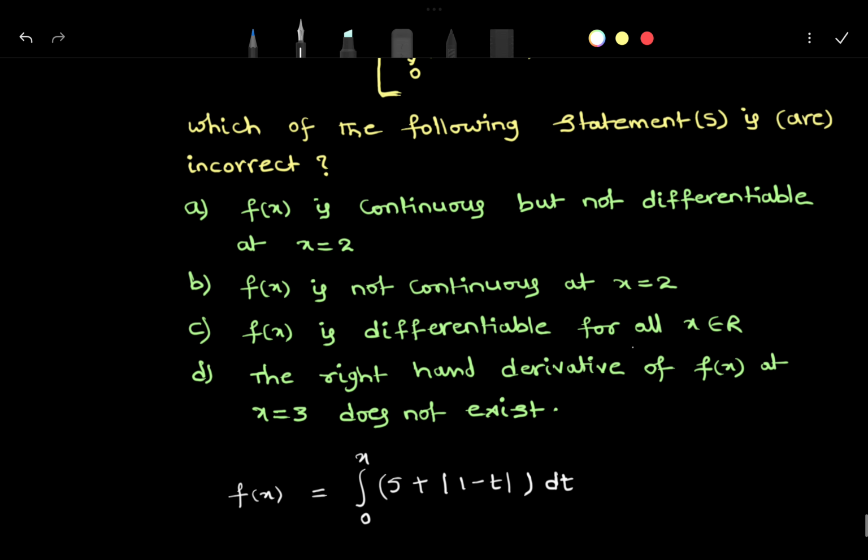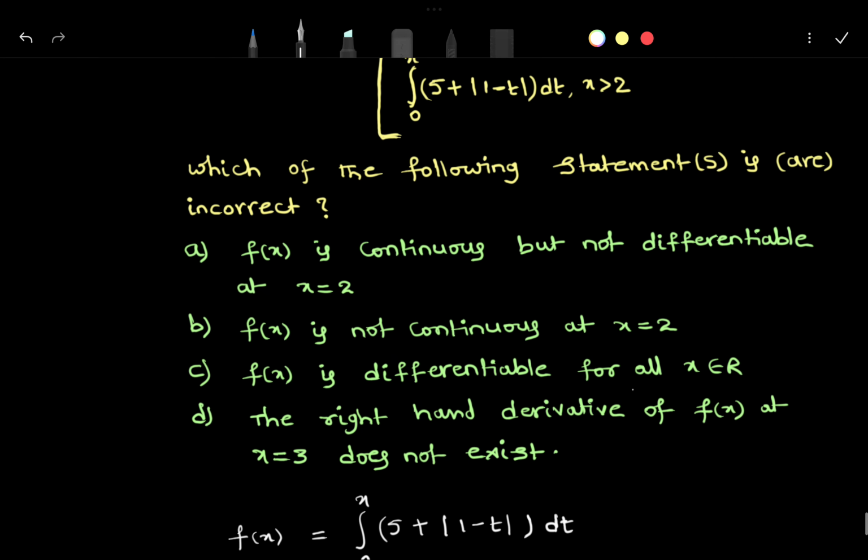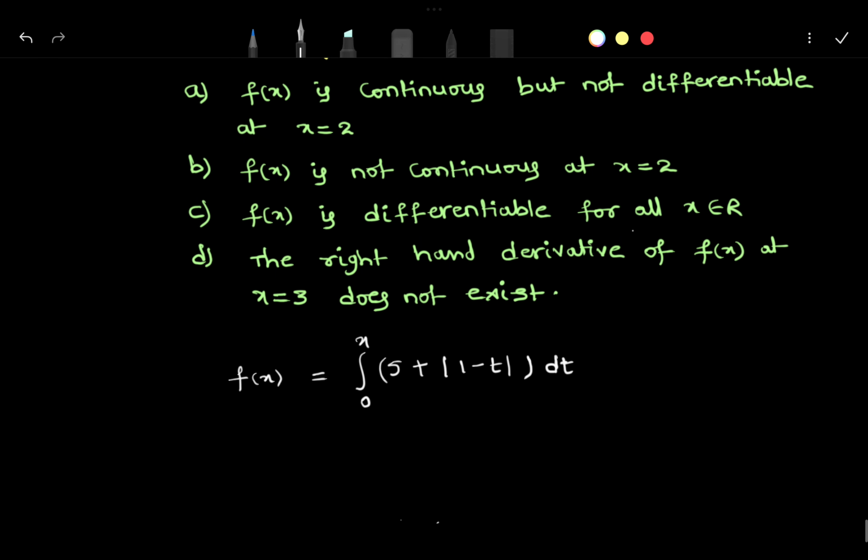See here, modulus of 1 minus t will be equal to 0 when t equals 1.